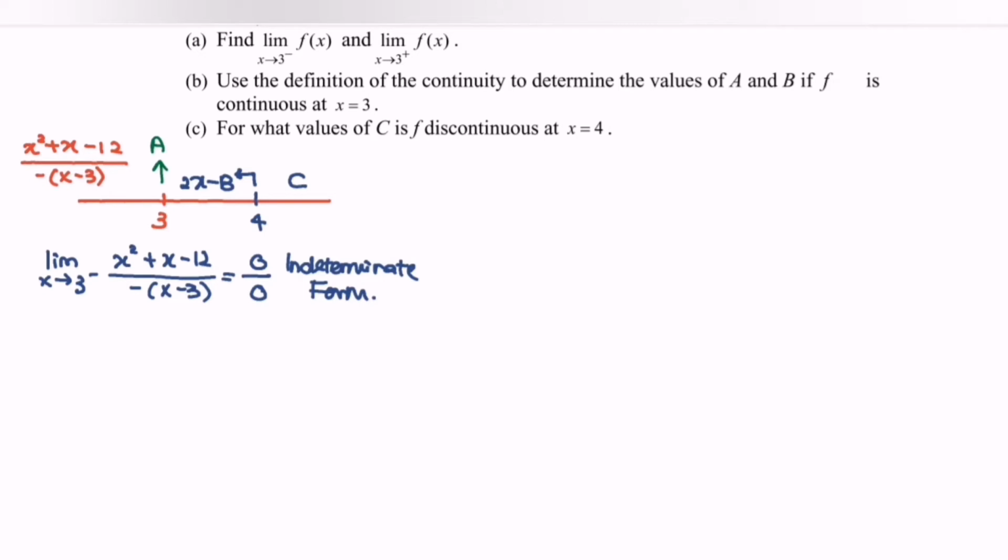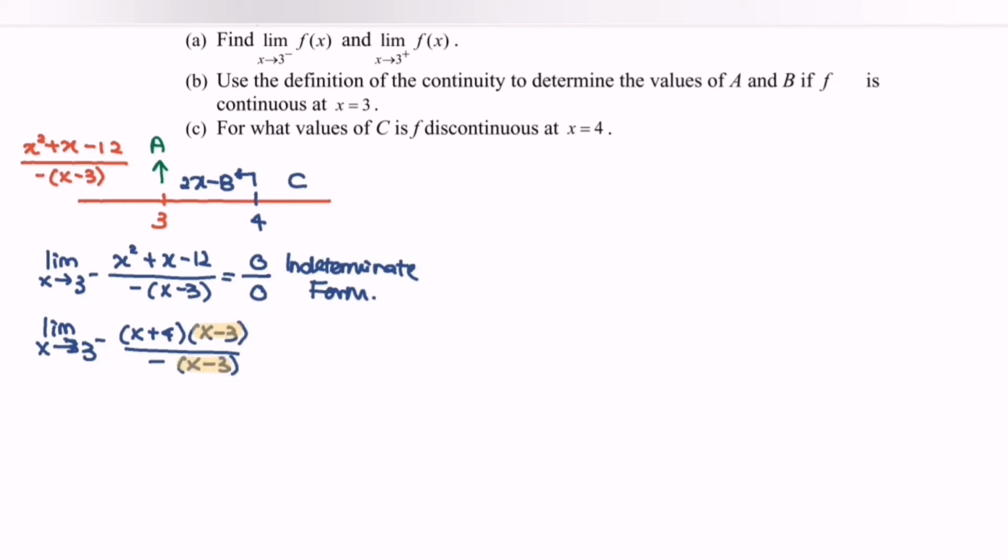After we factor, when x approaches 3 from the left, we will have (x plus 4)(x minus 3) over negative (x minus 3). Notice that we have a common factor x minus 3, so we can simplify.